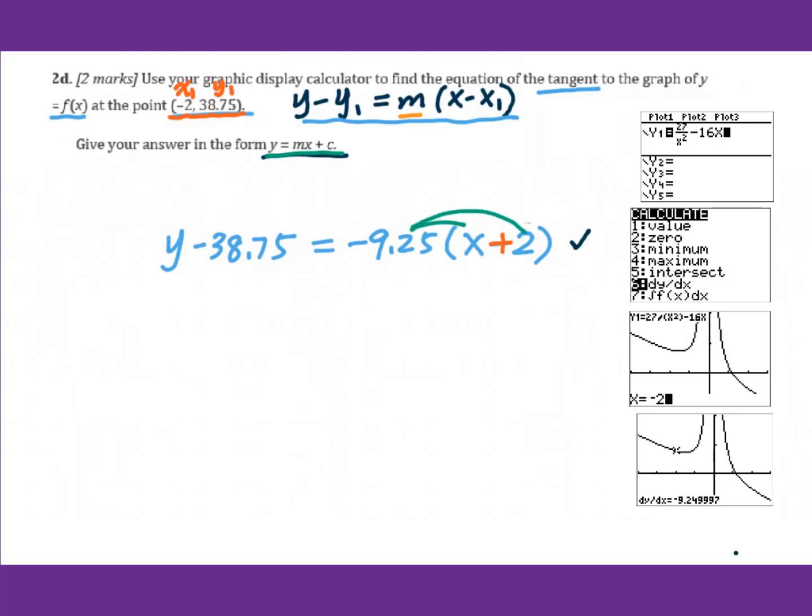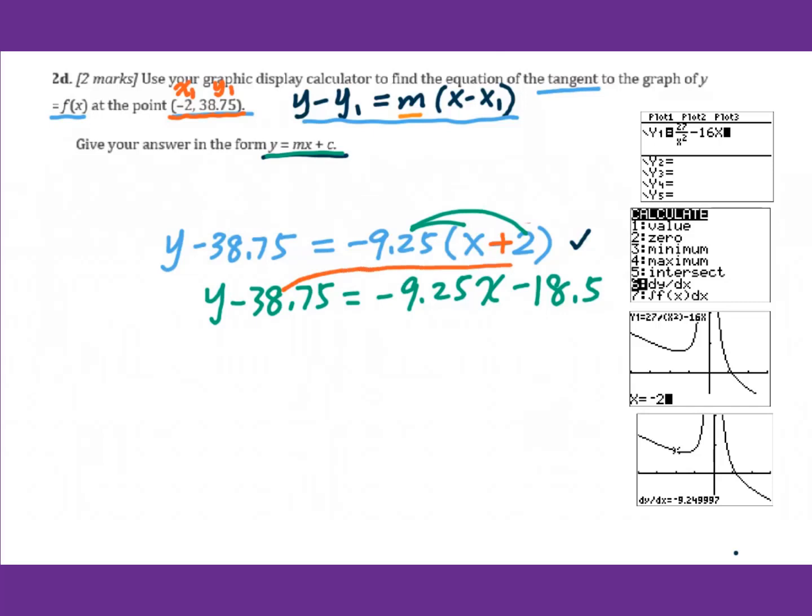Therefore, we do the distributive property. y minus 38.75 equals negative 9.25x minus 18.5. Then we move negative 38.75 to the right side. Remember to change the sign.